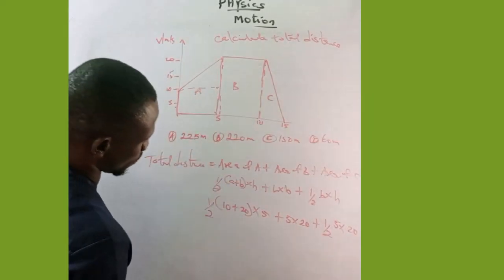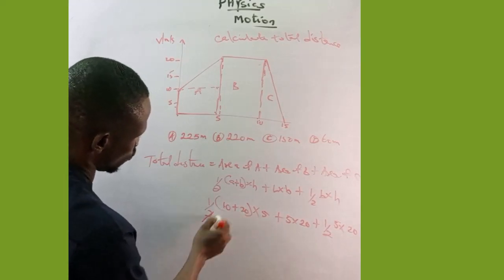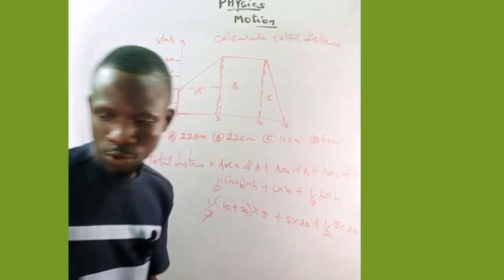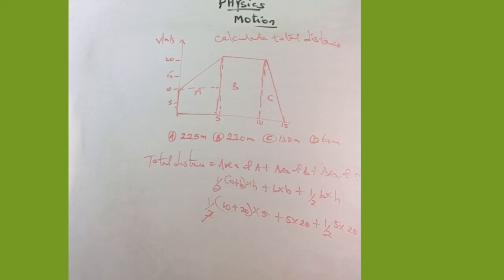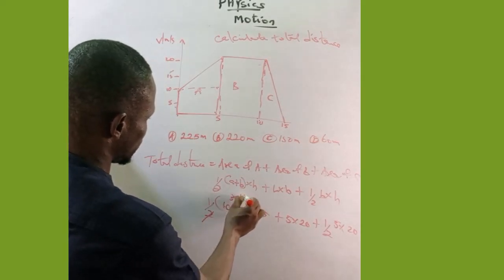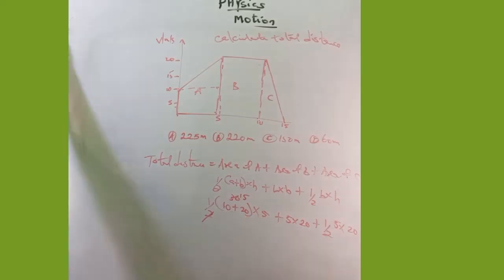So what do we have now? 10 plus 20 is 30. 30 divided by 2 is 15. So 15 times 5 is 75.